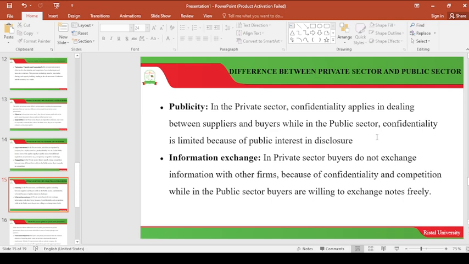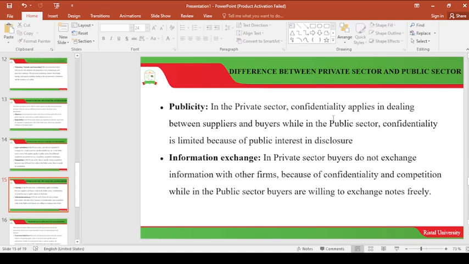So whatever is going on in the public sector should be publicly announced, and it should be publicly known by everyone, be it in the state or a nation. So the level of confidentiality is low under public sector procurement.